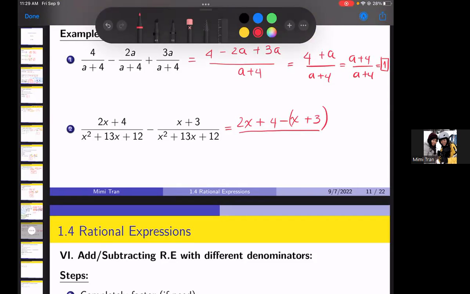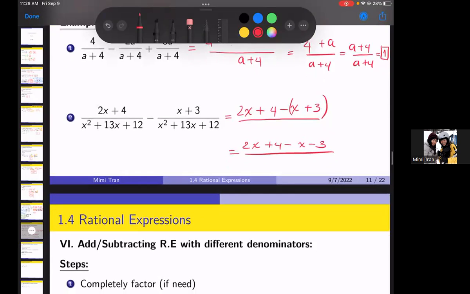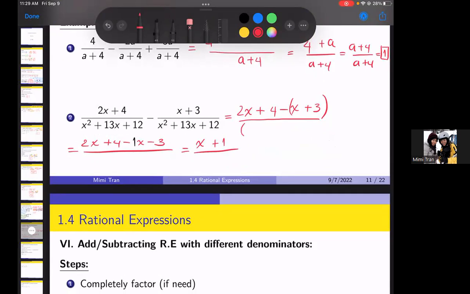And then you distribute the negative. I'll do one more step. So 2x plus 4 minus x minus 3 over here. Combine like terms. See, 2x minus 1x is x. 4 minus 3 is 1. Can someone factor the denominator for me?